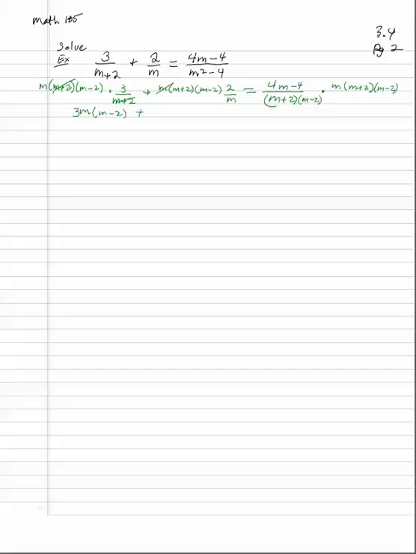Second fraction, the m's cancel, you get 2, m plus 2, m minus 2. And this one, I'm going to distribute the m, so it's 4m squared minus 4m. 3m squared minus 6m plus, okay, in my head I can go, that's m squared minus 4 times 2, 2m squared minus 8.